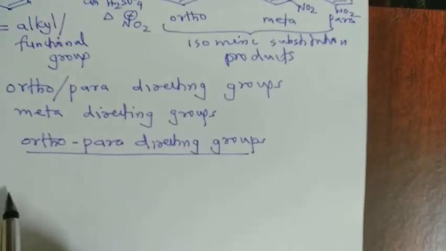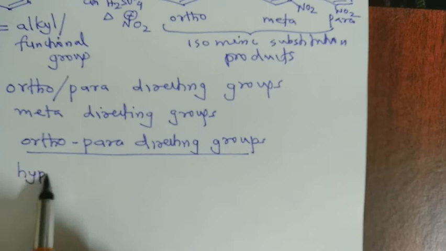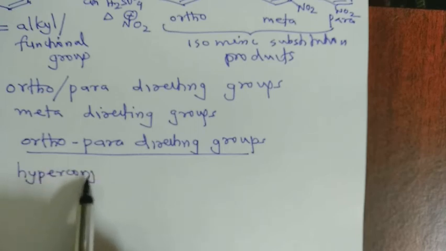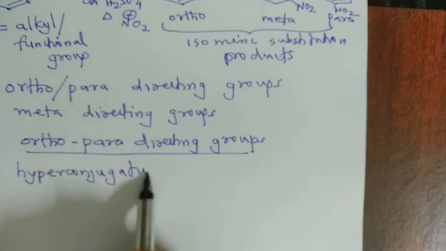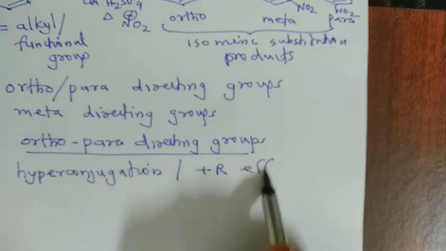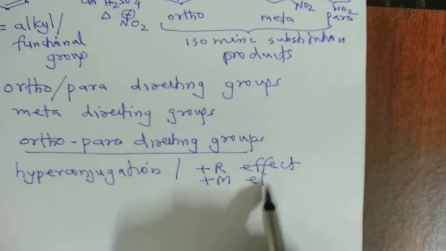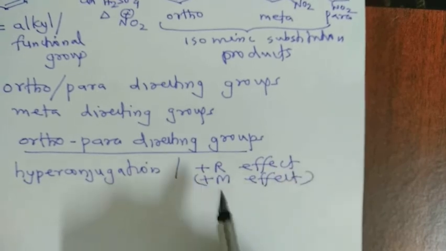Ortho-para directing groups increase electron density at ortho and para positions in the benzene ring either through hyperconjugation or through positive resonance effect. It is also called a plus mesomeric effect.